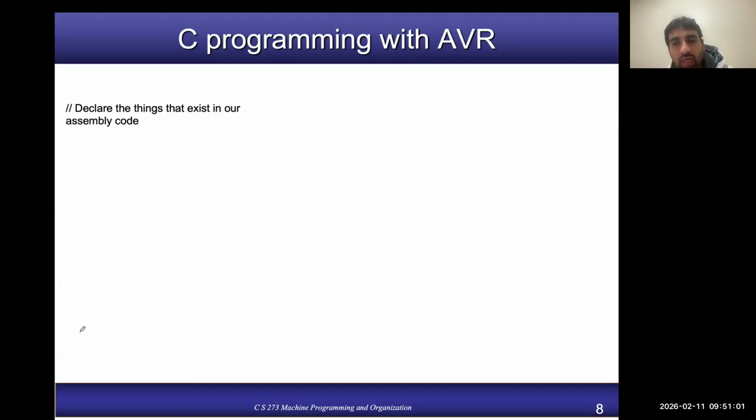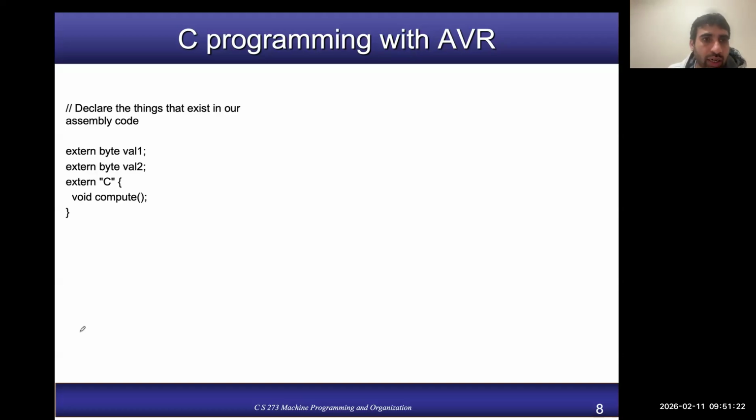One was the .ino file, which contains your C code. The other was the .s file, which contains the assembly code, right? Now, how do we link these two files together? Linking means how the code written in the .s file becomes visible, or how these two files work together as a single program, right? So we are going to talk about that.